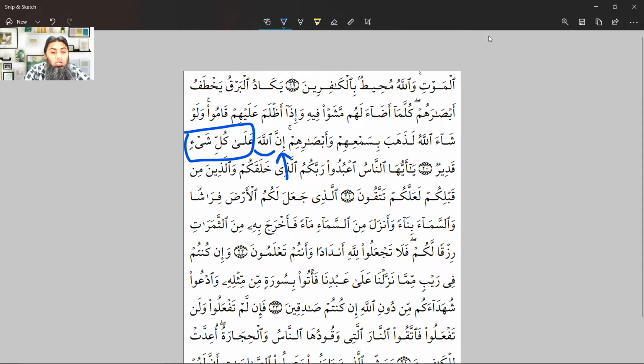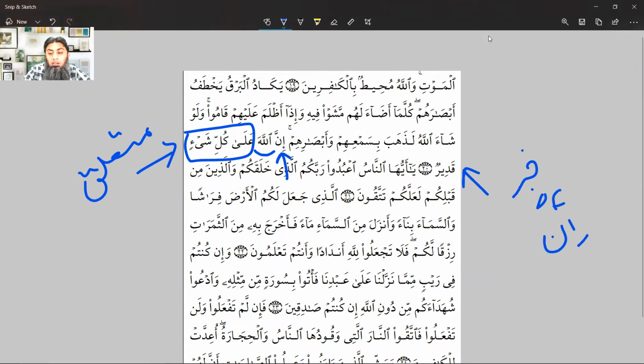So ala kulli shay'in will be called muta'alliq. And then qadirun is the khabar of inna, and this one was the ism of inna. This was pretty straightforward. So inna Allaha, indeed Allah, ala, upon, kulli shay'in, everything, qadirun, capable. Indeed Allah is capable upon everything.